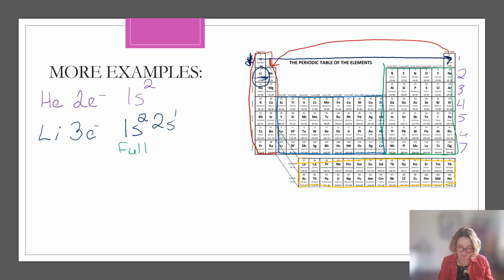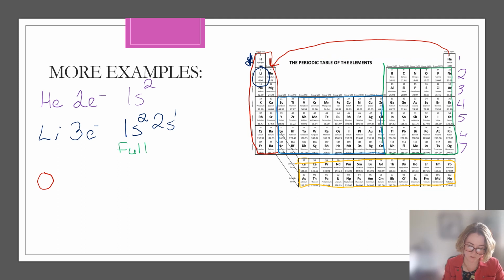The last one I want to take a look at is oxygen. Let's get rid of these arrows here so we don't have too much of a mess. Okay, so oxygen is right here. And oxygen is element number 8. So I know that I have 8 electrons in oxygen.